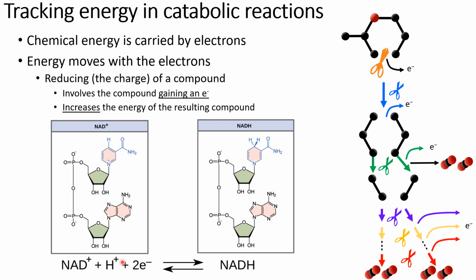The NAD is positive, the H+ is positive, and so we get an electrically balanced molecule. But now this NADH has 2 extra electrons, which is extra energy that this molecule is storing. So this is going to be the high energy reduced version of the compound NADH, while NAD+ is going to be the lower energy oxidized version of the compound.